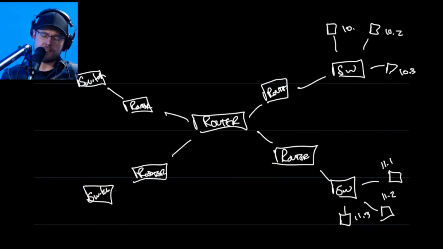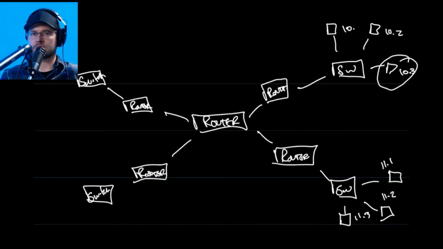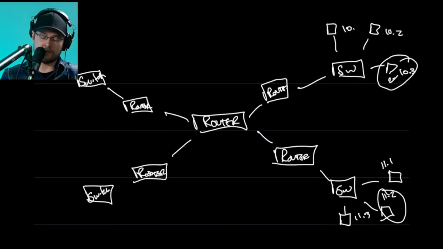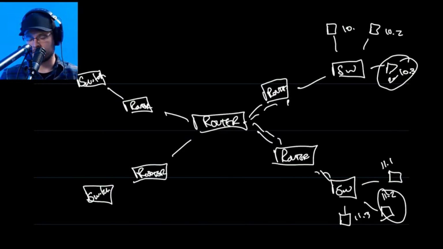When a device broadcasts, it actually doesn't go past the router. The broadcast request doesn't go past the router. But if we need to send data from 10.3 over to 11.2, the broadcast would go out to the router, and the router would know that that address is not on my network, and then would send it intelligently through the respective routers and onto the network that corresponds.